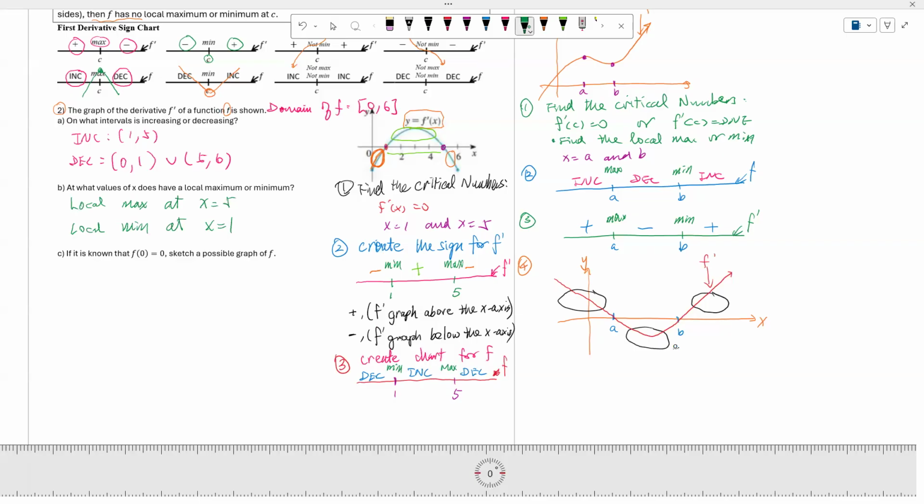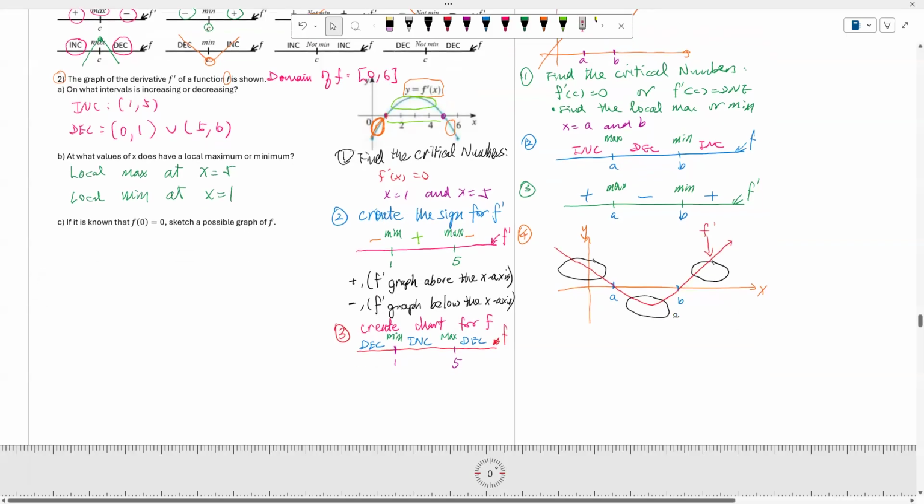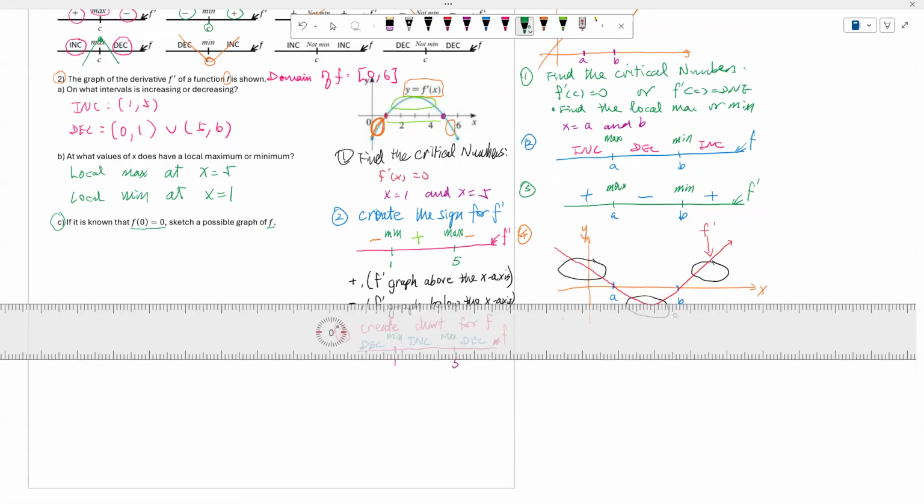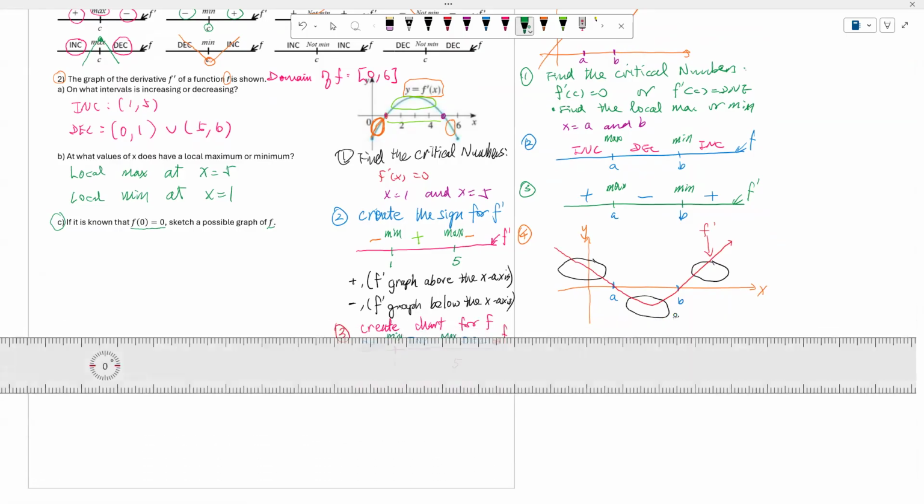Okay, so after we have something like this, the last one is how do we sketch it from the f prime to the f function now? Okay, and for this one, I would like to start, that means start the function at 0, 0, right? Because f of 0 equals 0. Then let us do this.